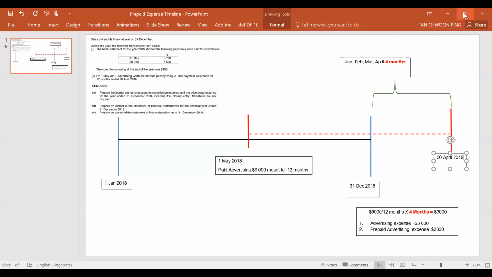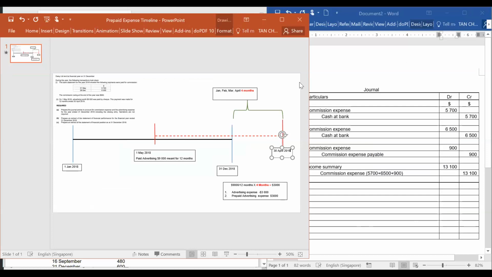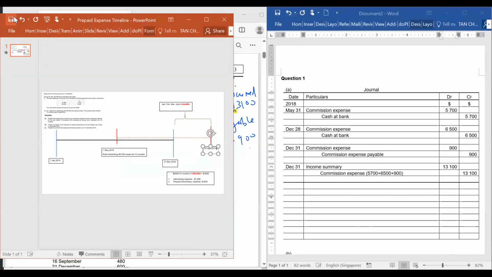So how does this translate to what you are going to put in your journal? Let me just minimize the screen over here.